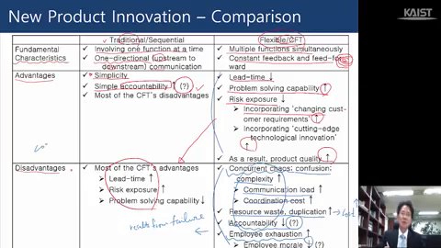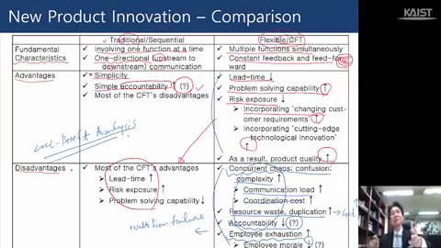So we would say cost benefit analysis is the key when we try to decide which approach is most appropriate for our company. And let's look at how we can do, at least conceptually, this cost benefit analysis in an effective way.